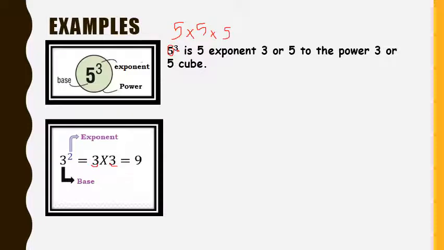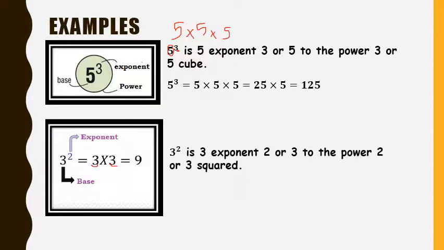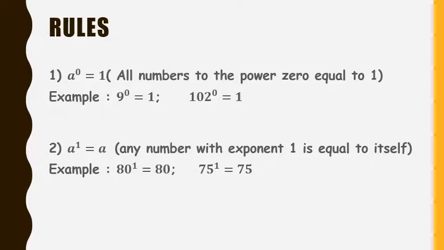It's 3 multiplied by itself 2 times, so 3 times 3 is 9. 3 exponent 2 or 3 to the power 2 or 3 squared. They are all correct.